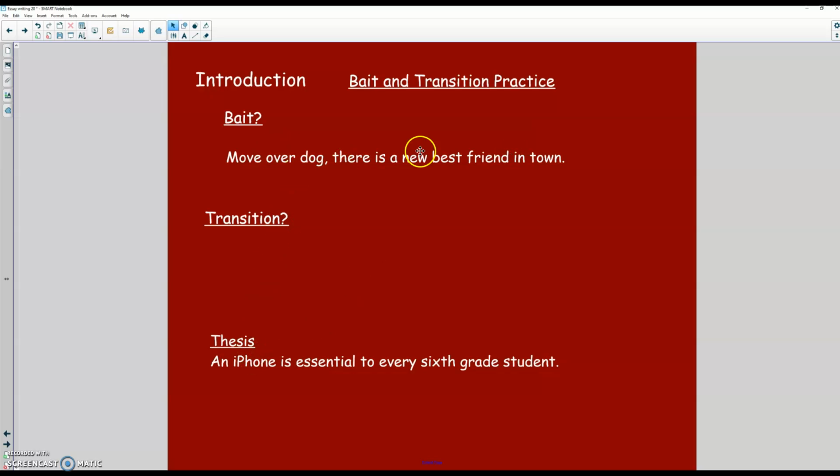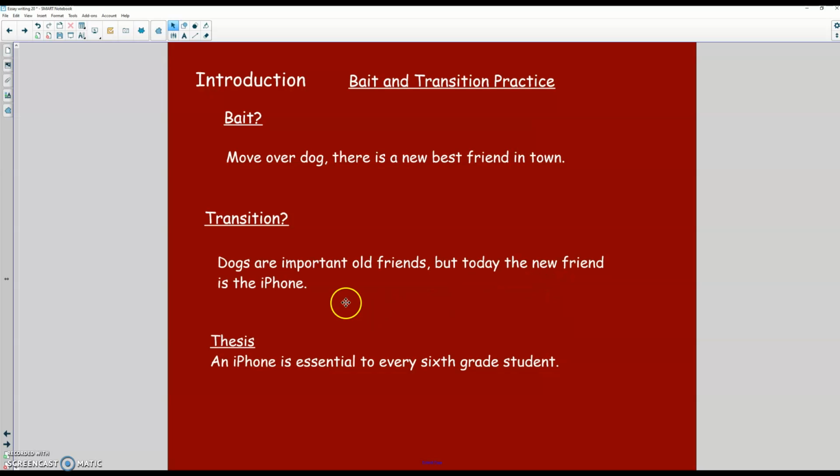Let's see. I want to take a thought from here, my bait, and a thought from here, my thesis, and put them together in my transition. Dogs are important old friends, but today the new friend is the iPhone. So there you see dogs, and the idea of friends from the bait, hook, or lead, and this idea of a new friend, the iPhone, coming from my thesis, combining a thought from the thesis and the bait in the transition.